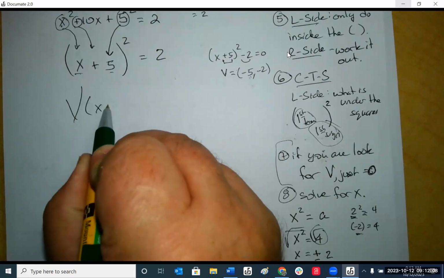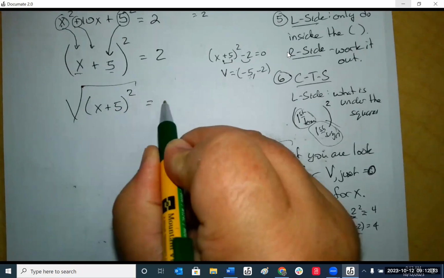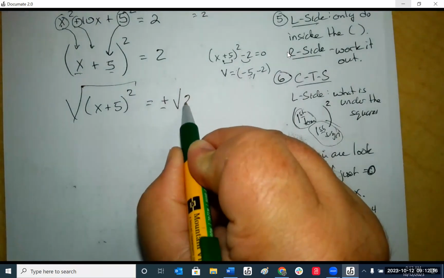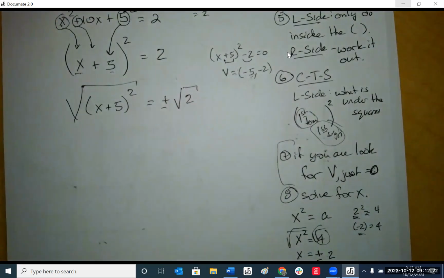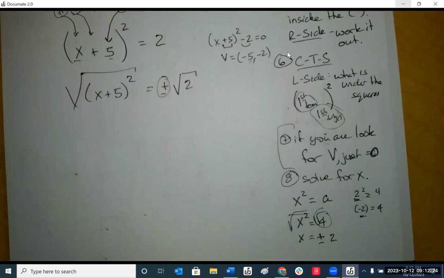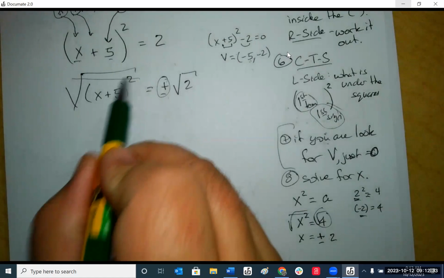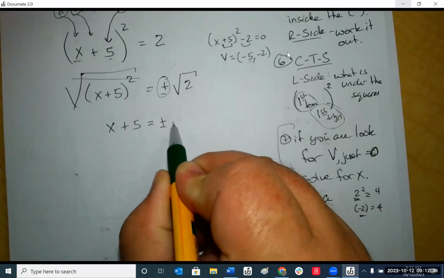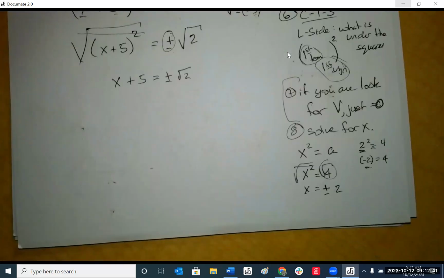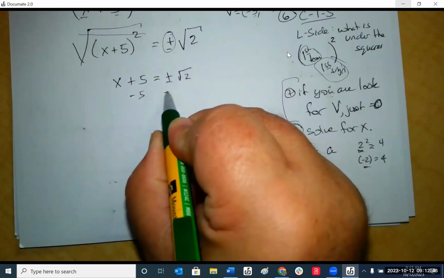So here, when I square root both sides to get rid of this square, I've got to put a plus or minus in front of the other side. On the left side, the square and the square root cancel, so we have x plus 5 is equal to plus or minus radical 2. Get rid of the 5, so subtract 5 from both sides.